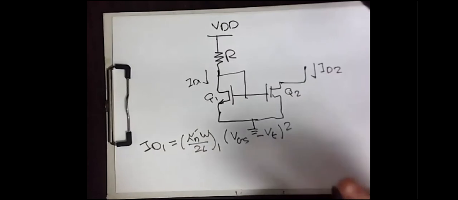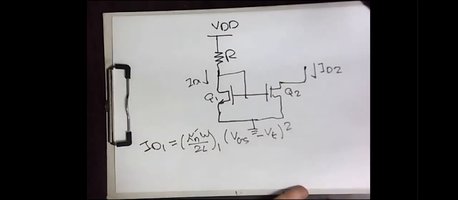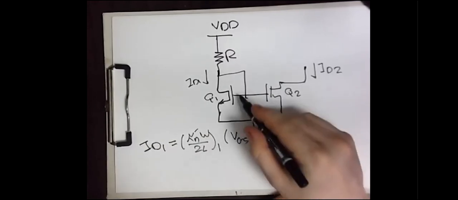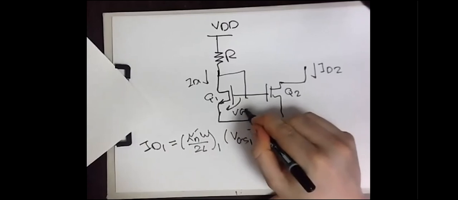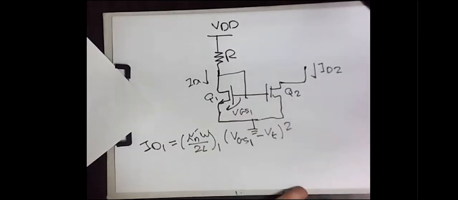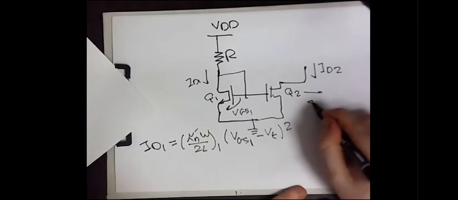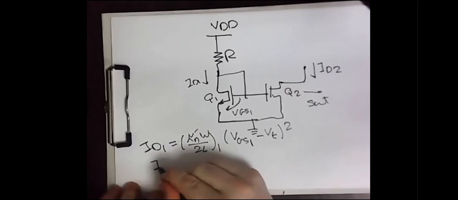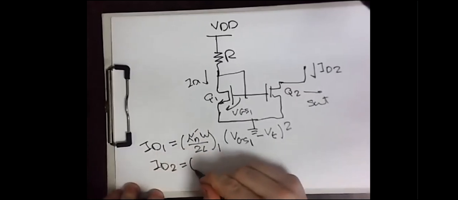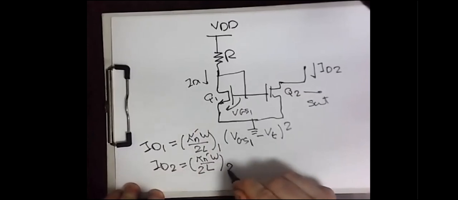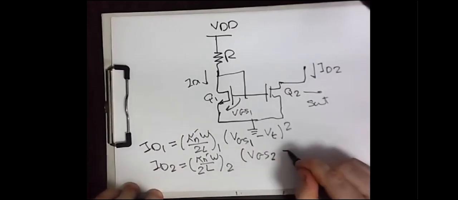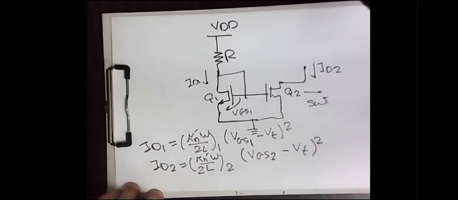I will call this VGS1 to indicate that this is the VGS for the first transistor, Q1. Now, what if Q2 is also in the saturation mode? Then you will have ID2 equal to Kn dash W over 2L for transistor number 2, times VGS2 minus VT all squared.